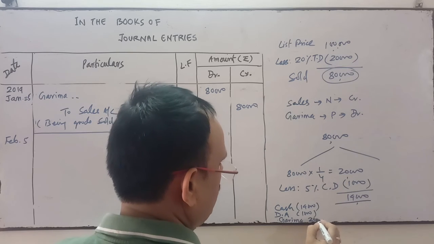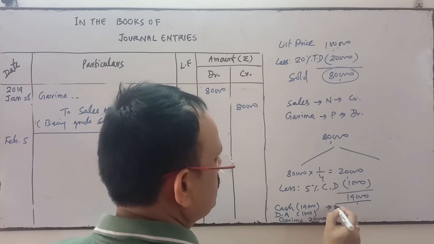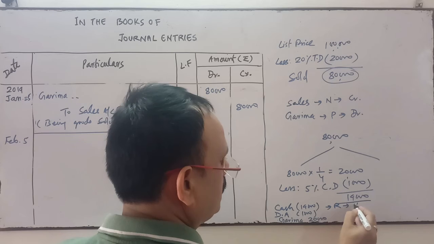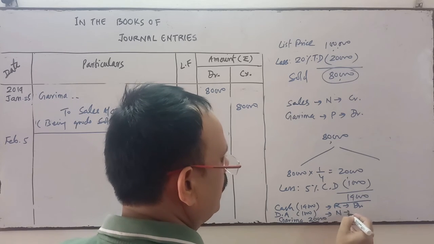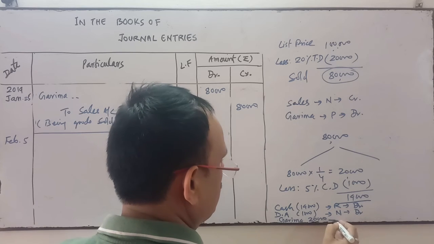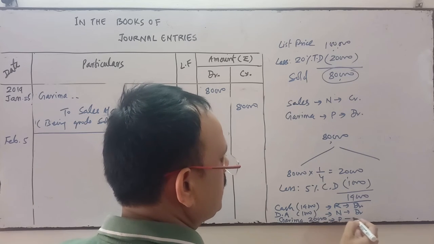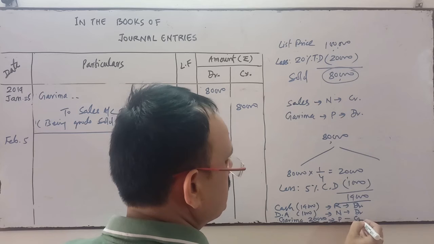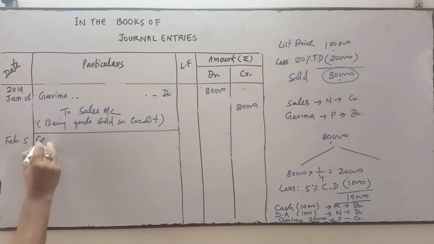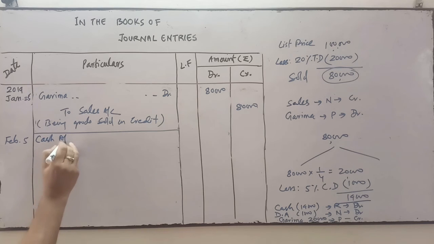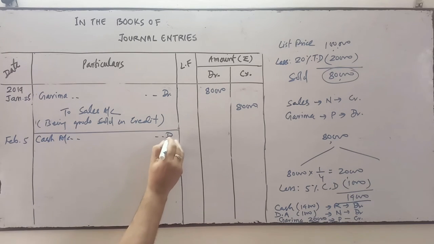Garima 20,000. So cash comes under real account. What comes in is debit. Discount allowed is nominal, all expenses debit. Garima comes under personal. She is the giver of that amount, so her account will be credited. So cash account will be debited because cash comes in the business. It comes under real account. Debit.